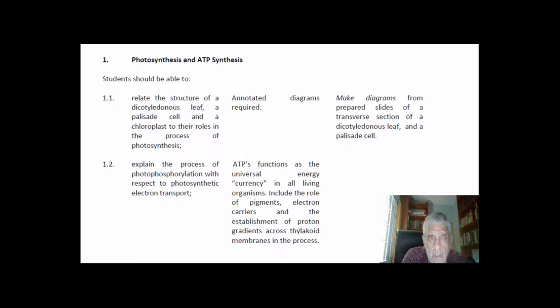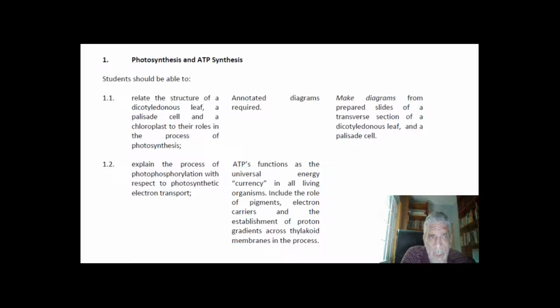So what we're going to be looking at is photosynthesis and ATP synthesis. And we're not going to get into too much detail on ATP synthesis in this presentation. That will occur later.